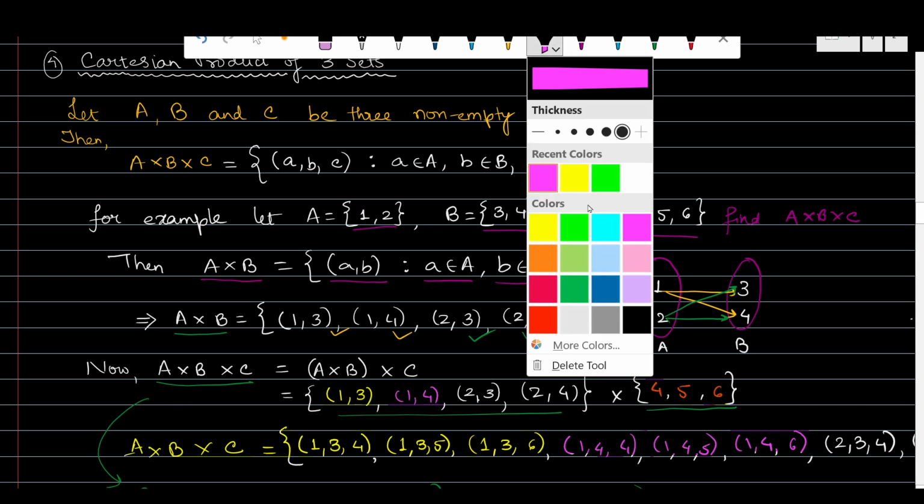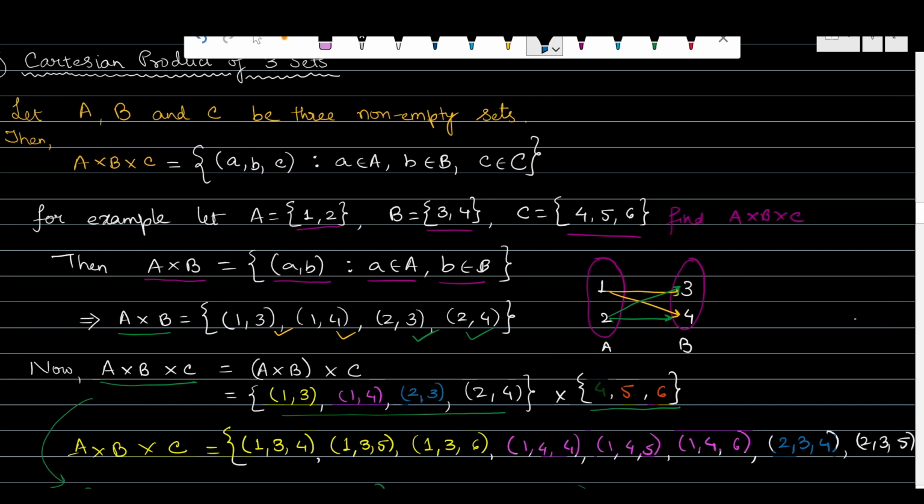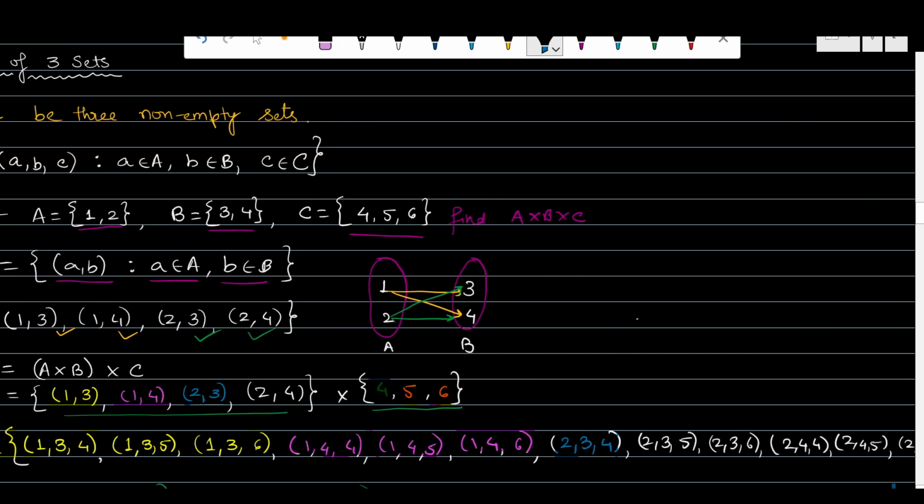Similarly, for (2, 3), (2, 3) maps with 4 to give (2, 3, 4), maps with 5 to give (2, 3, 5), maps with 6 to give (2, 3, 6).